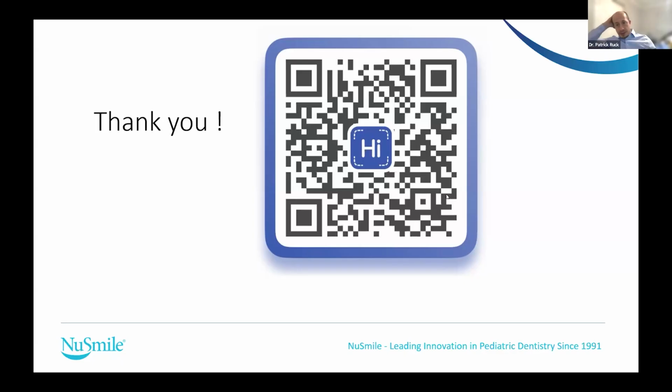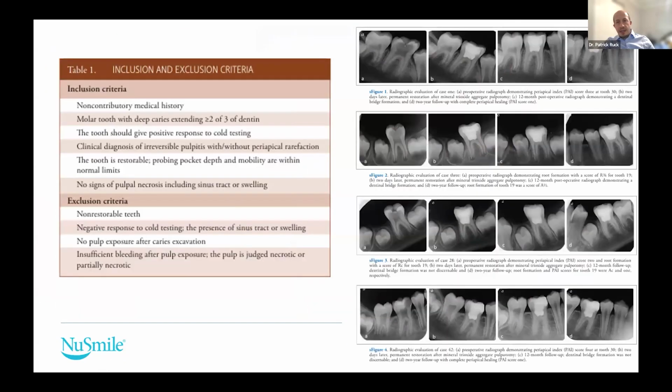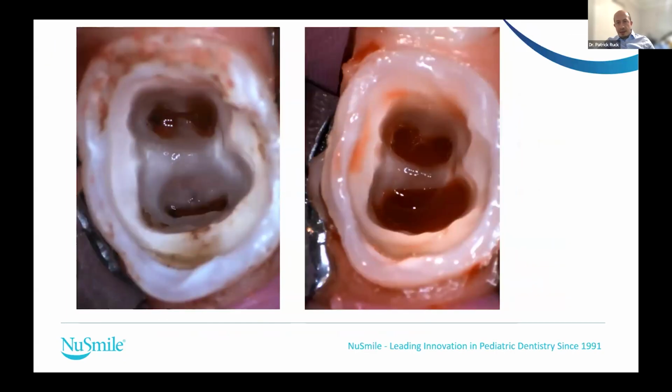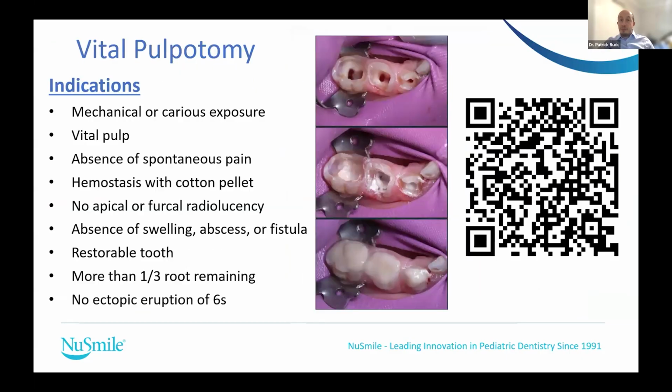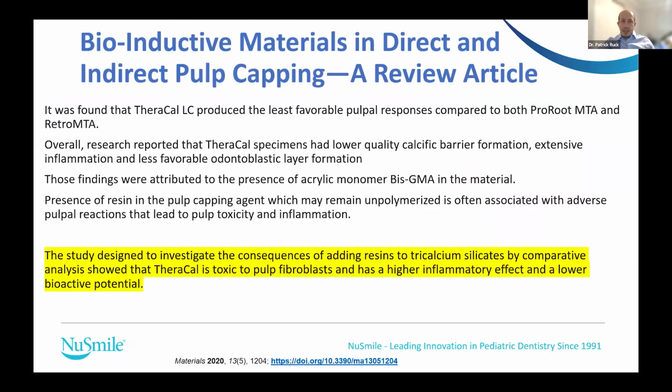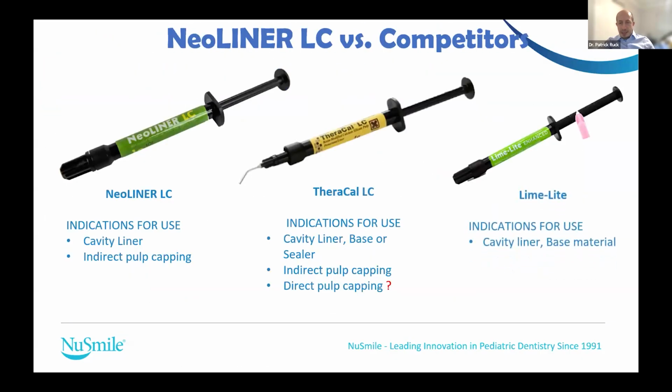So that's a great question. Let me see if I can back up on my presentation. Neoliner is a diene tricalcium silicate based product that has resin in it. Limelight is a calcium hydroxide product with resin in it.